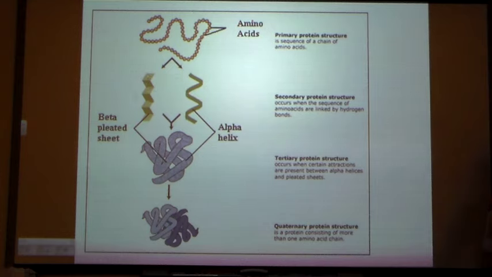The common secondary structures that a protein will fold into are called beta sheets and alpha helix. This occurs when a sequence of amino acids are linked together by hydrogen bonds. It's a vague definition, but what you can think of is it will start folding among its neighbors first, interacting with its neighboring amino acids, folding into either beta sheets or alpha helix.